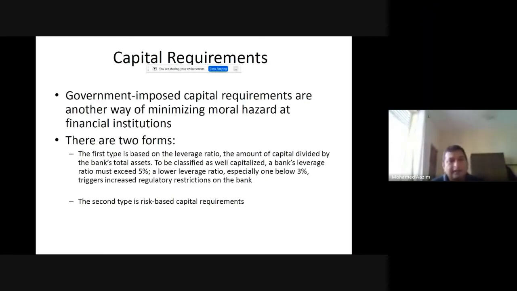Okay, a low leverage ratio that's below 3% triggers increased regulatory restrictions on banks. The higher the leverage ratio, the better, not lower, for the regulatory ratio. Right, so you've been looked at based on the economic circumstances.